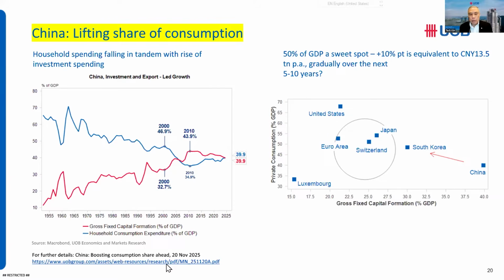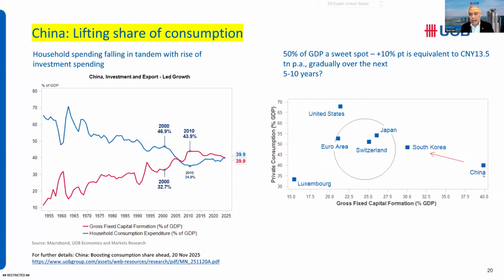So that is our conclusion for consumption, that the share will continue to go up. That means Chinese retail spending, consumer spending will be a lot more in the years ahead, and that will benefit companies operating and supplying in this space. We wrote a report on this increase in consumption back in November. You can see the link below for more details.